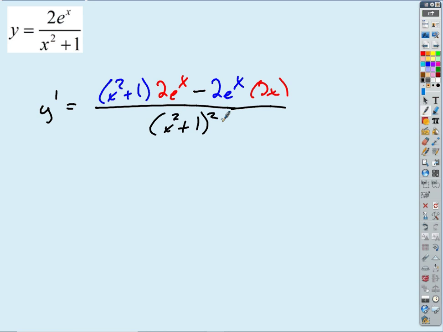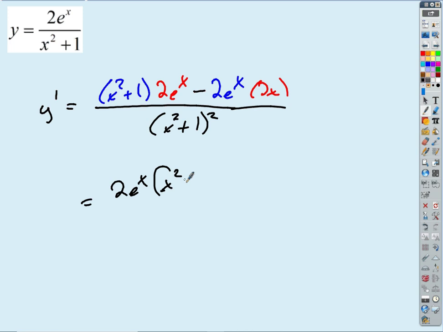And we could do a few things there. What could we do? Well, we actually could factor, while we're at it, we could factor some stuff out of the top. So let's just get a little practice at that. What could we factor out at the top here? Let's do this. 2e to the x, yeah. We could take 2e to the x out of the top, which would leave us with x squared plus 1 minus 2x.